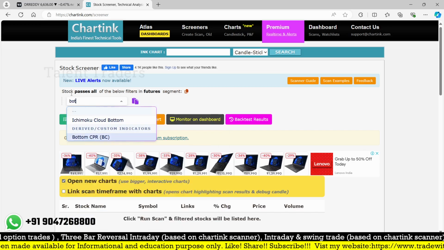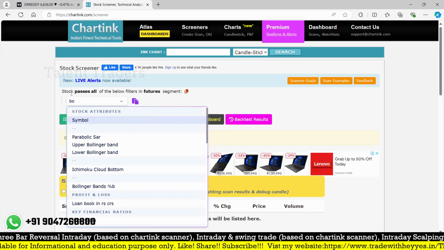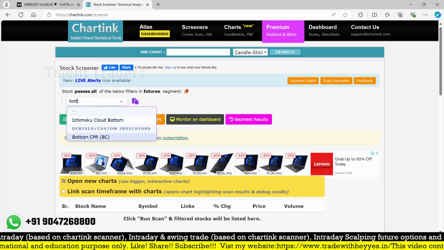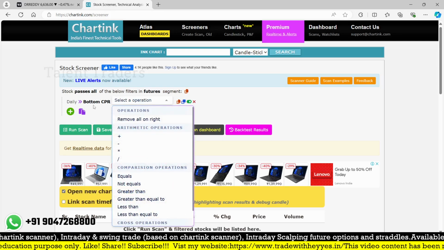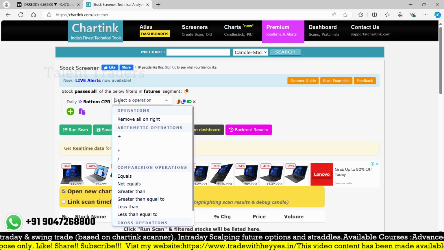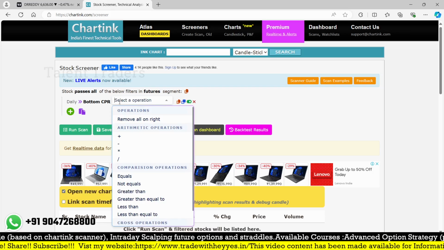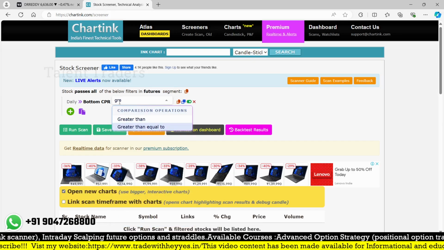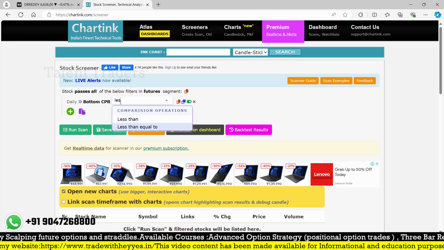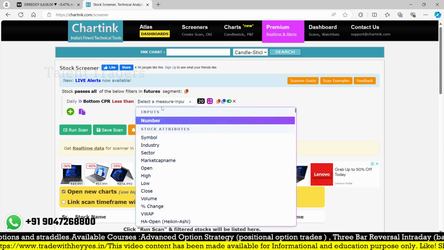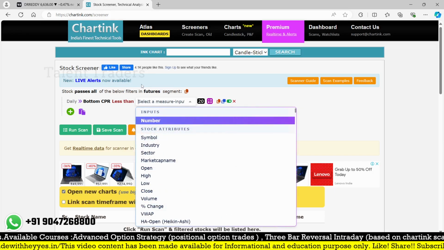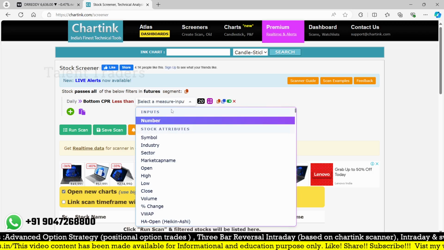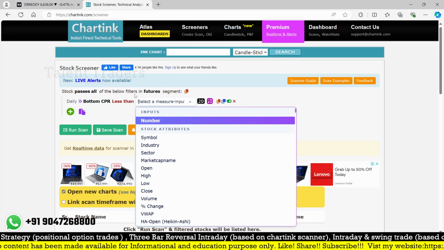Okay, bottom CPR, that is the BC, should be lesser than the... Each and every condition is important to find the exact formation.